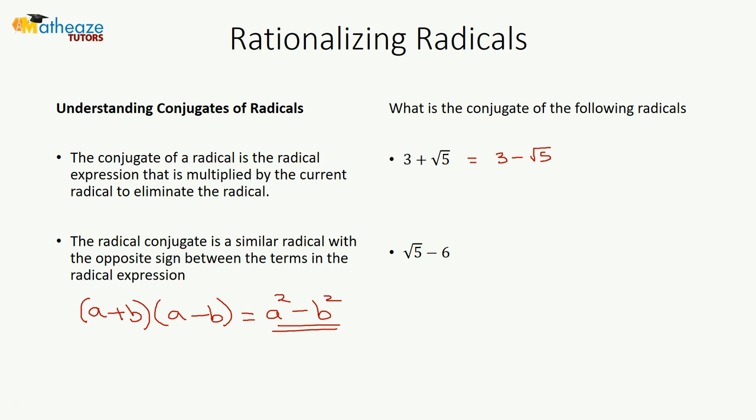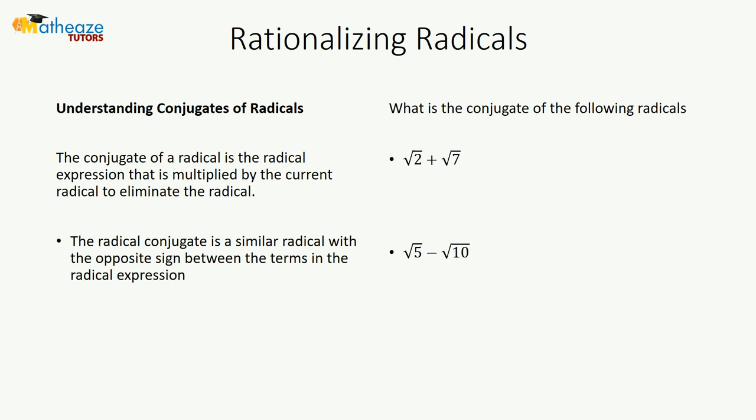So you see, nothing really changes except the sign in the middle right here. What about this one here? Square root of 5 minus 6. We end up with square root of 5 plus 6. So we change the signs, and if you multiply this together, you will find that we do not have a radical anymore in the result.